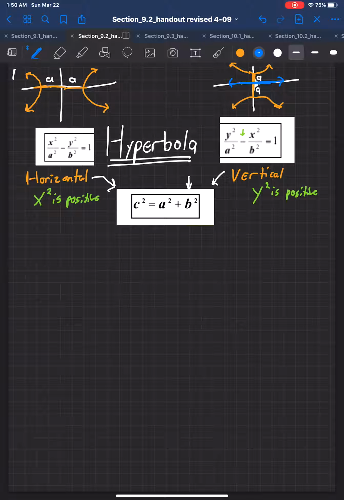You can imagine there's some point B and negative B on that axis that takes the role of the b squared in our equation that relates vertices to focal points.